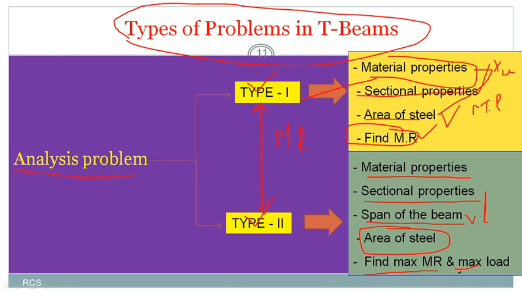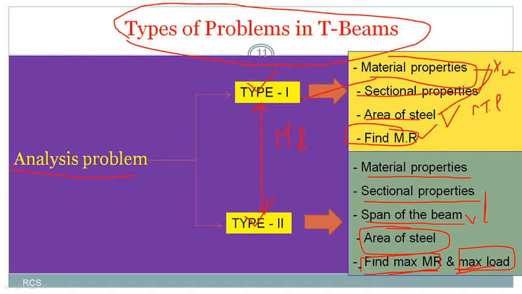That maximum load also we have to calculate. The additional thing in type 2 compared to type 1 is that here we additionally have to calculate what amount of load, if you provide, gives the maximum moment of resistance. Those things we can calculate with respect to type 2 problems.